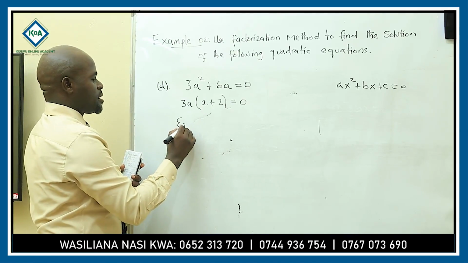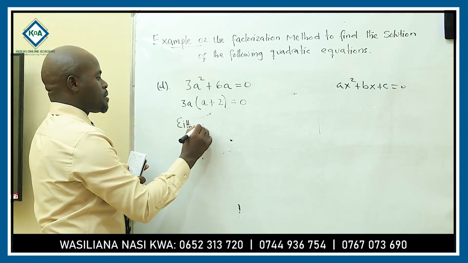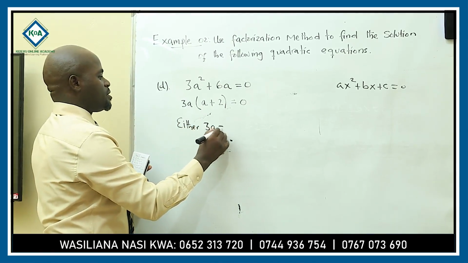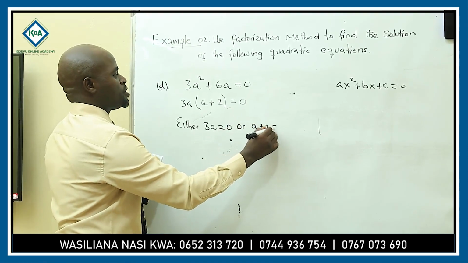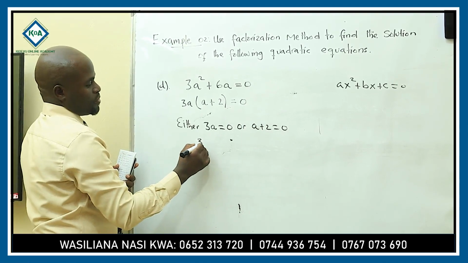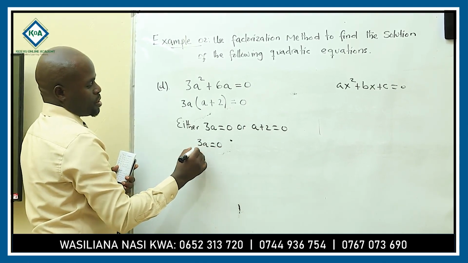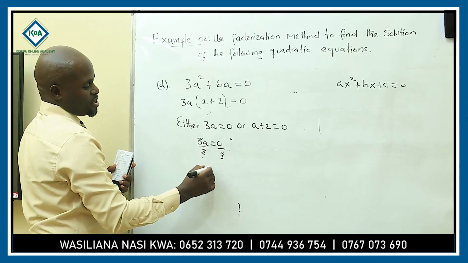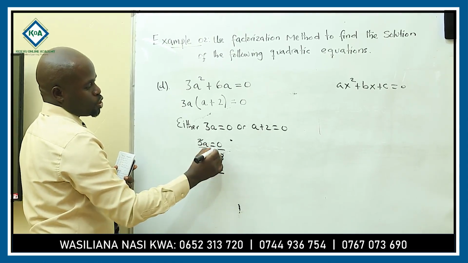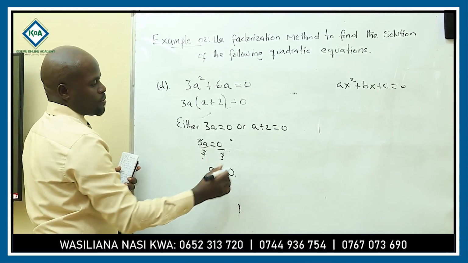So we say either 3a is equal to 0 or a plus 2 is equal to 0. So in 3a is equal to 0, we divide by 3 and here by 3. 3 and 3 they cancel, so we have a is equal to 0 divided by 3, the answer is 0.